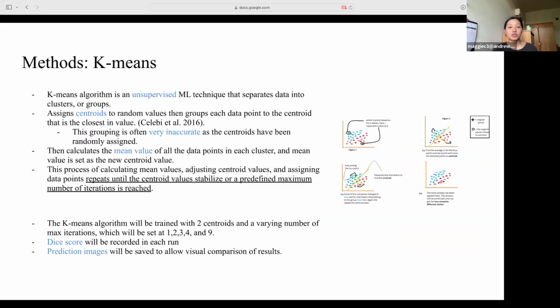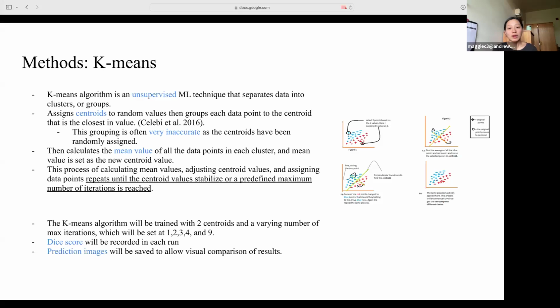So the two algorithms we decided to test and compare with each other are the K-means algorithm and the CNN. The K-means algorithm is an unsupervised machine learning technique that separates data into clusters or groups. They assign centroids to random values in the data and then group each data point to the centroid that is closest in value.